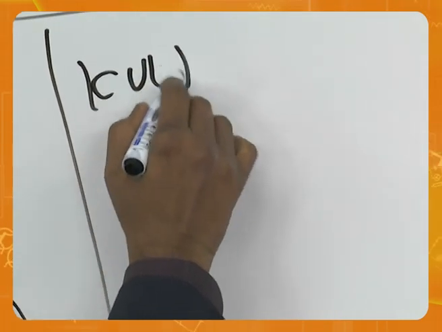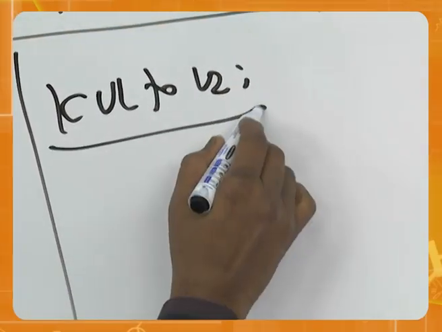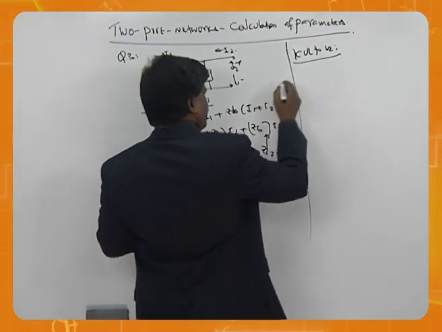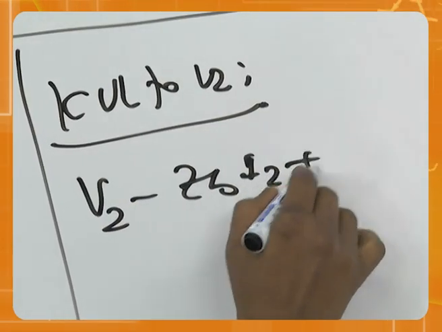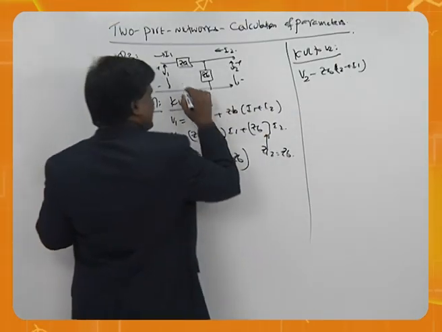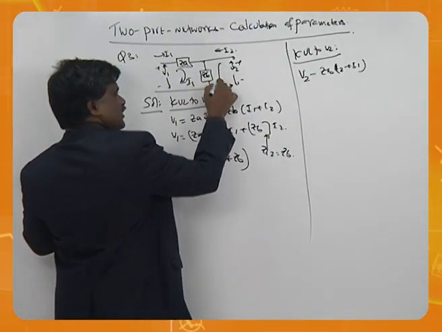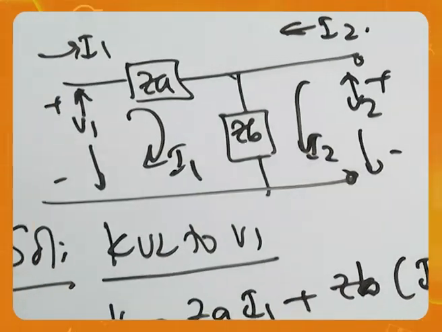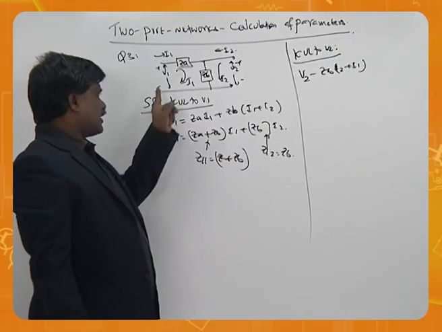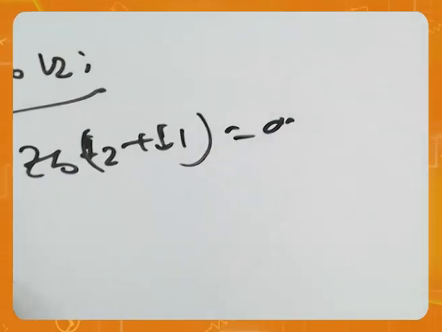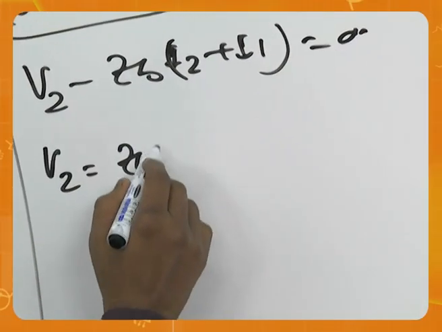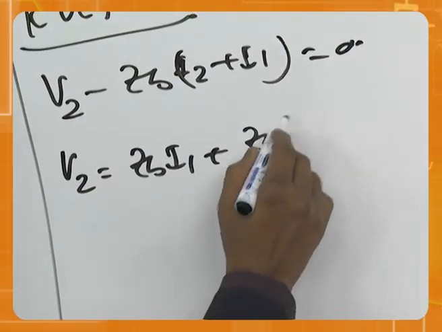Then KVL to V2. V2 minus ZB into (I2 plus I1). Please remember, this current is I1, this current is I2. If both currents are added, that is what here is equal to ZB I1 plus ZB I2.